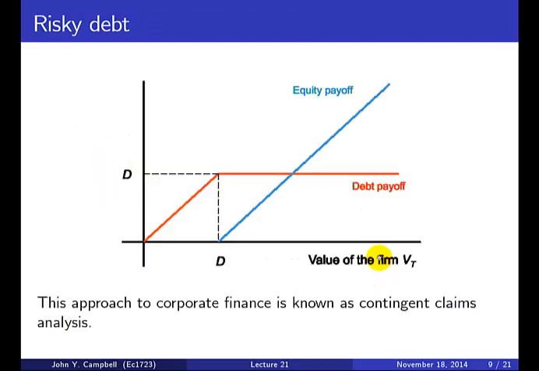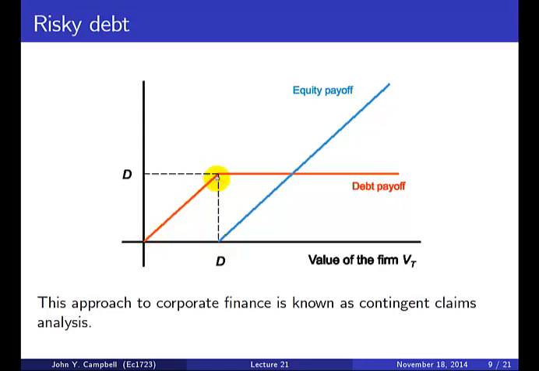If we go back for a moment to the payoff diagram, you can see that the payoff to the stockholders, the blue line, is just the payoff on a call option. All right, and then what the bondholders have is the residual, the value of the total stock less the value of the call option that the equity holders have.